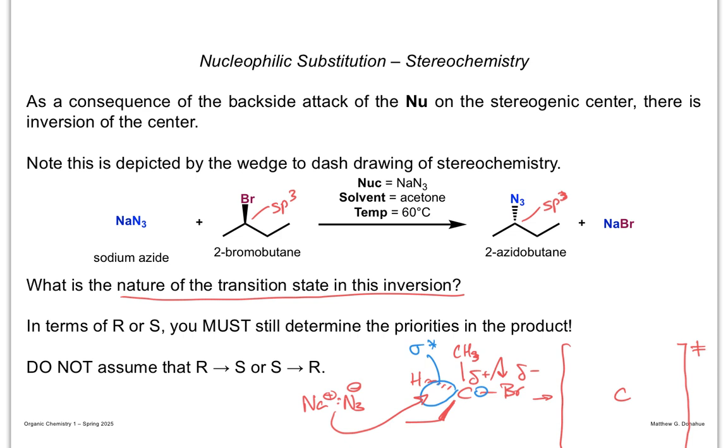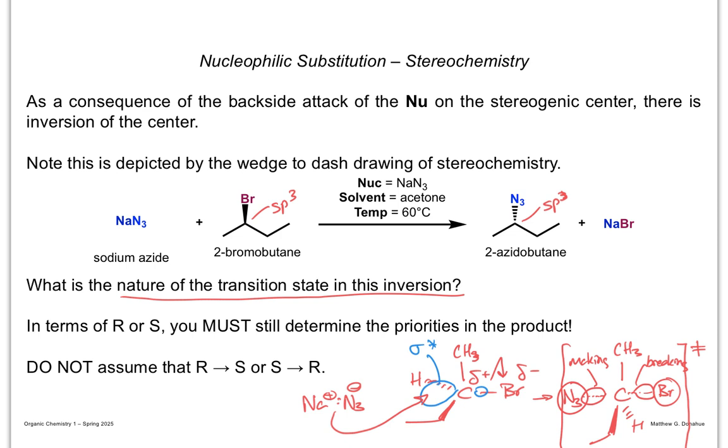The carbon has to rehybridize from sp3 to sp2 because that allows it to have a p orbital that can accommodate these partial bonds, making and breaking at the same time, so that it's a synchronous process.